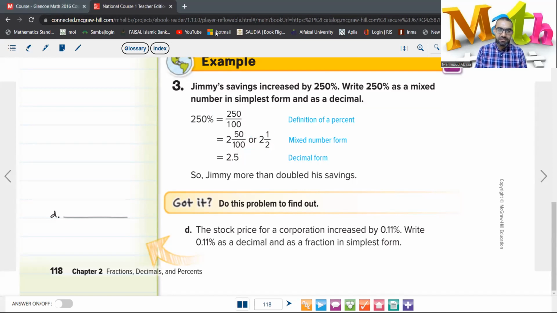Question D. The stock price for a corporation increased by 0.11%. Write 0.11% as a decimal and as a fraction in simplest form. Let's solve it here. 0.11%.